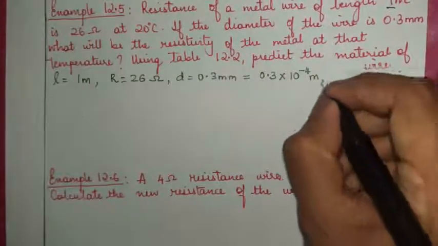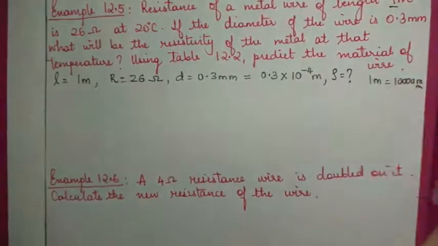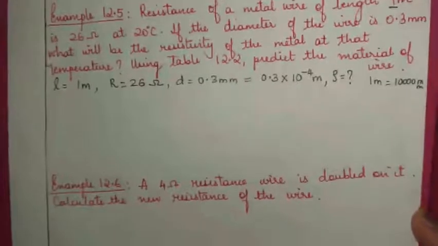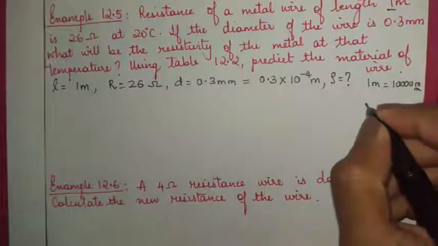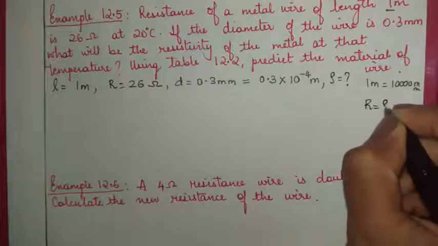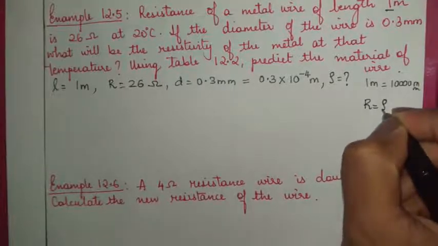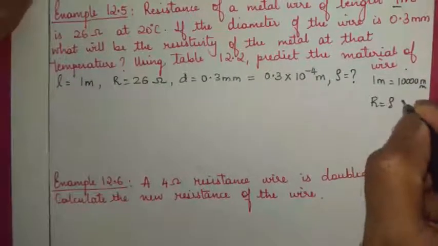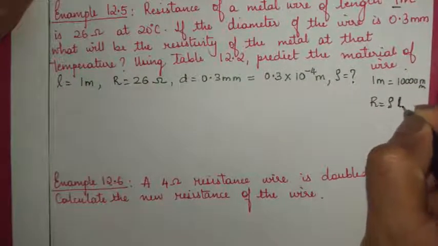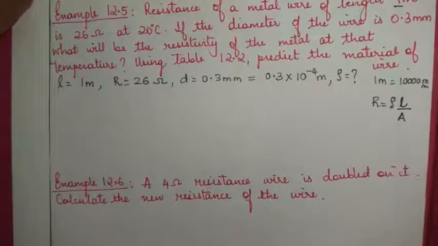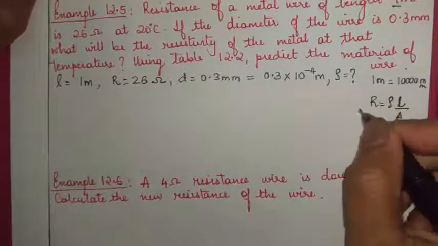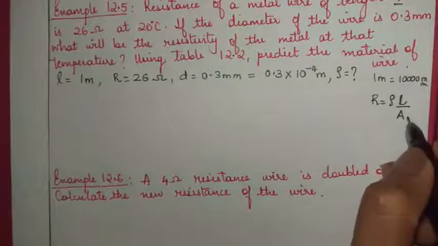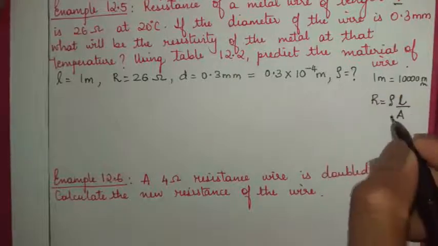Now we are told to find rho. According to the formula, we know that R is equal to rho, which is resistivity, L upon A. So this is the formula for resistance, using resistivity, length of the wire and area of cross section. But if we need to find rho, let us modify this formula.